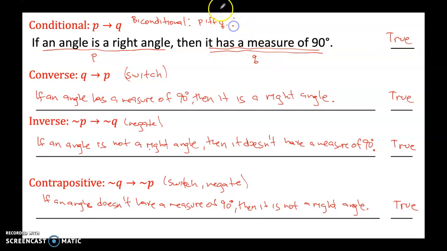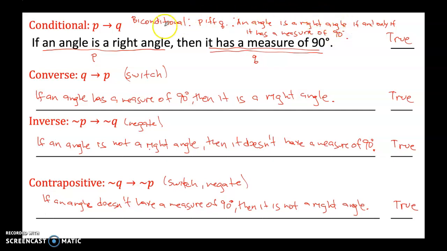So to write the biconditional: P statement, an angle is a right angle, if and only if it has a measure of 90 degrees.